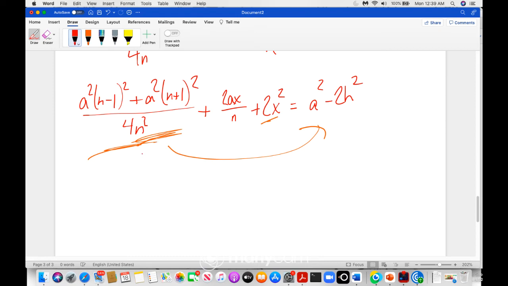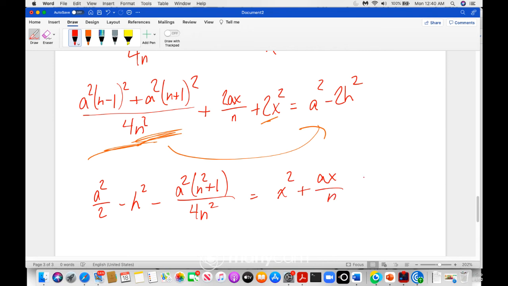So when you do this, you're going to end up with a squared over 2 minus h squared minus that equals x squared, because I divided everything by 2, plus ax over n.